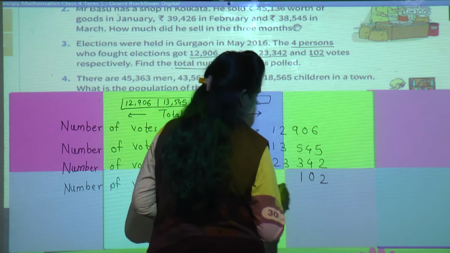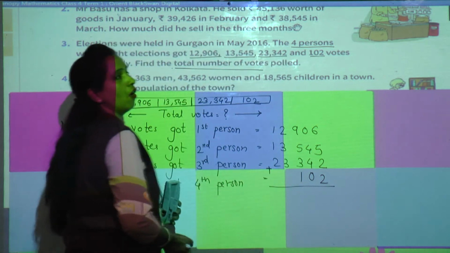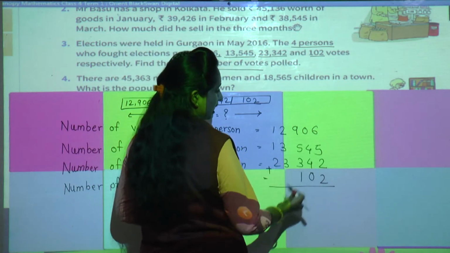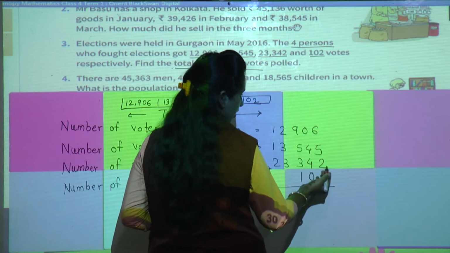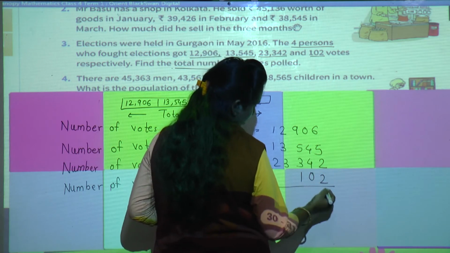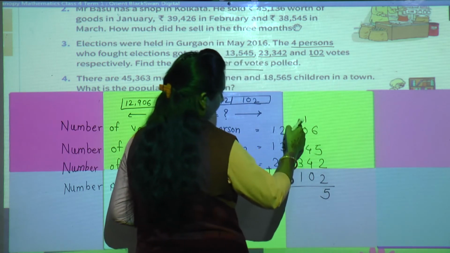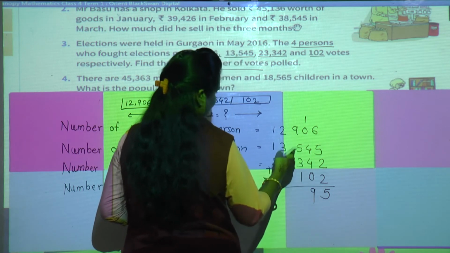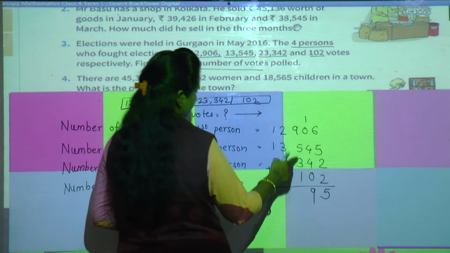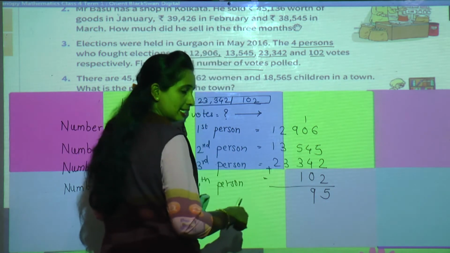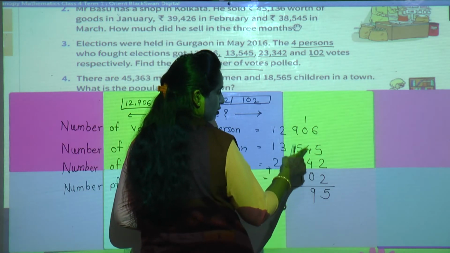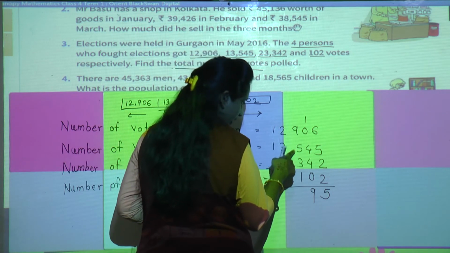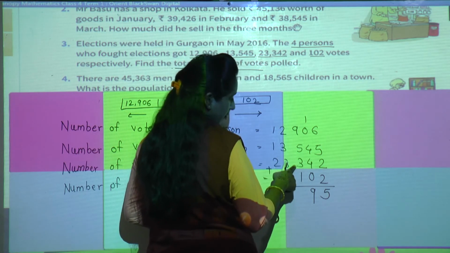Now we will add all these 4 numbers. Now 6 plus 5 is 11, 11 plus 2 is 13, 13 plus 2 is 15. 5 here, 1 will carry. 1 plus 4 is 5, 5 plus 4 is 9, 9 plus 5 is 14, 14 plus 3.